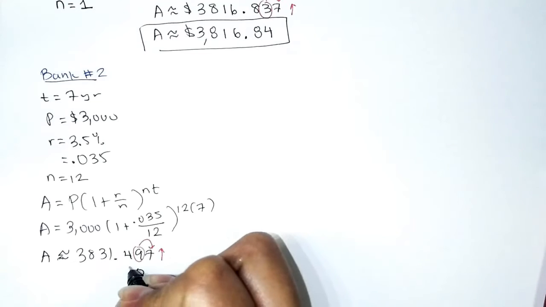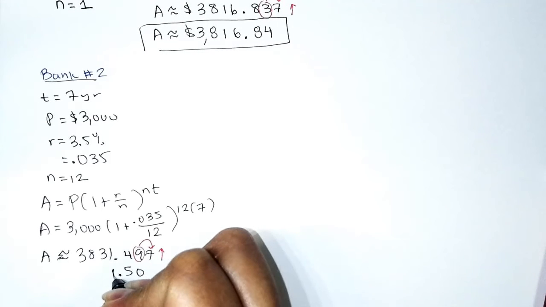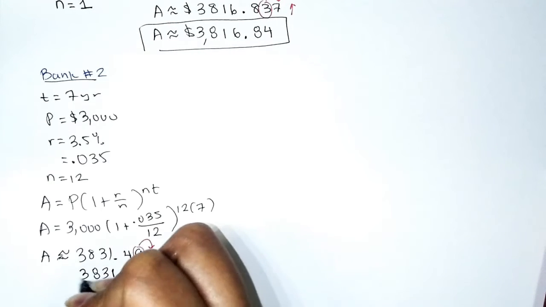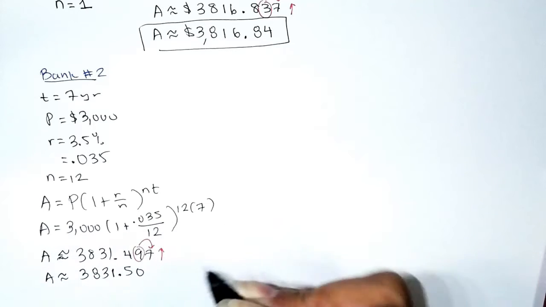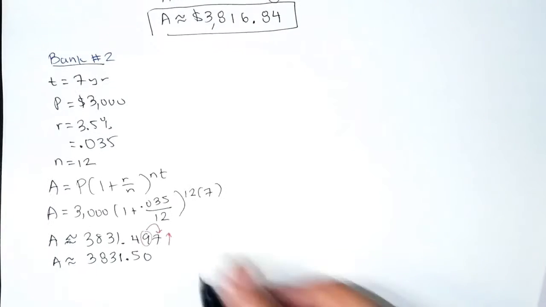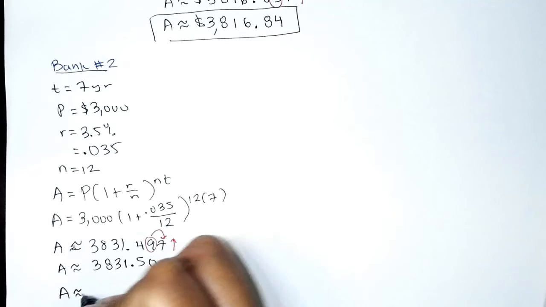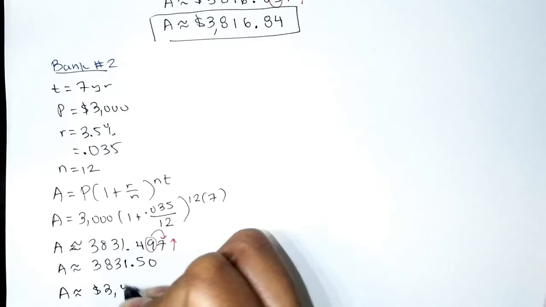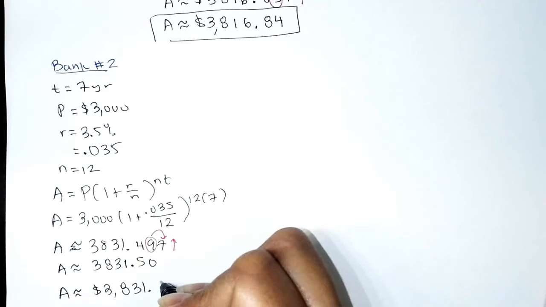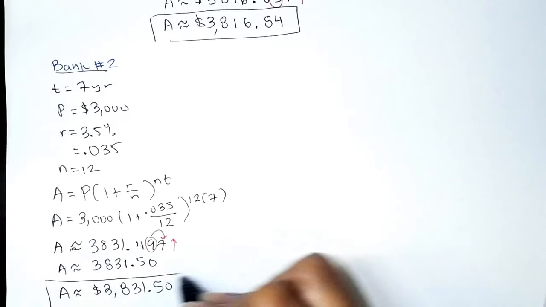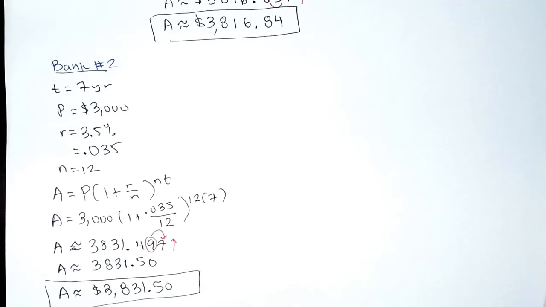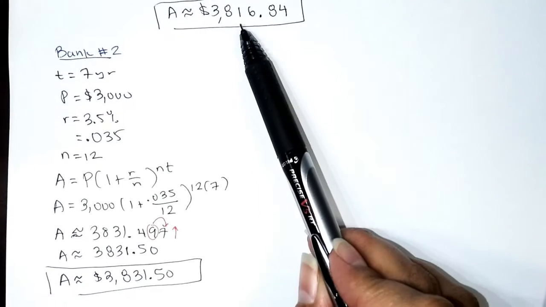All the digits before it stay put, and we ignore the remaining decimal digits. So that's about $3,831.50. If we go with Bank of Maria, our $3,000 will turn into about $3,800.